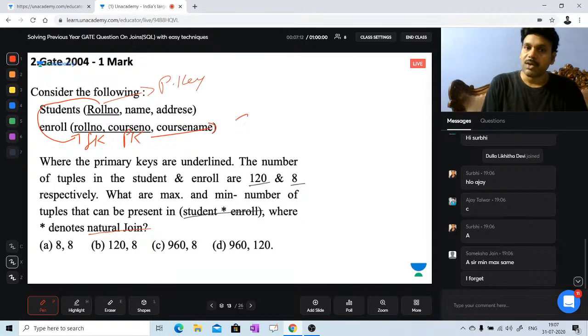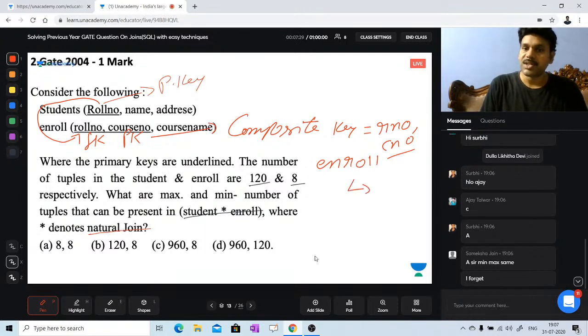Therefore, your composite key is roll number and course number, which means the enroll table is your child instance. Therefore, student is the master instance and enroll is the child instance.